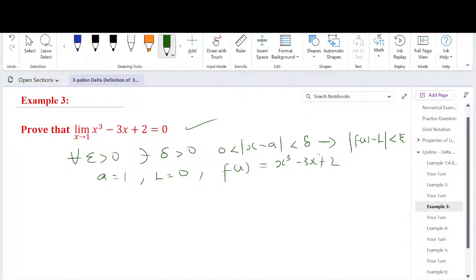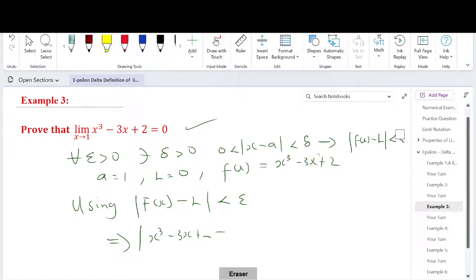So as usual, using the absolute value of f of x minus L less than epsilon, it implies that the absolute value of x cubed minus 3x plus 2 minus 0 is less than epsilon.